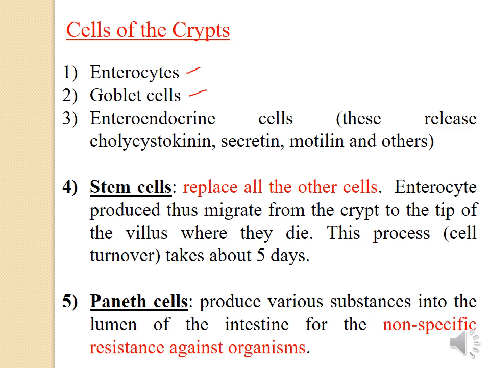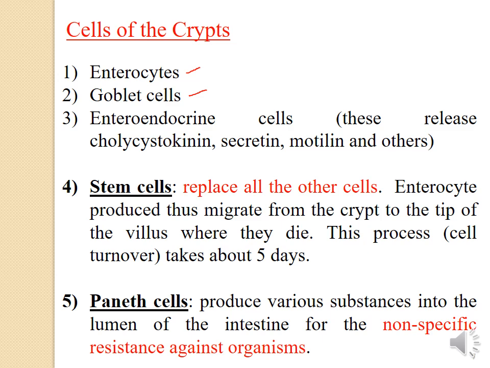Now, enterocytes produced from these stem cells migrate from the crypt to the tip of the villus where they die. The stem cells are found in the crypt. They form enterocytes. The enterocytes will start to migrate upwards. They leave the crypt and pass into the villi.